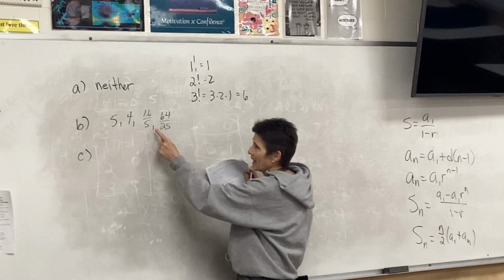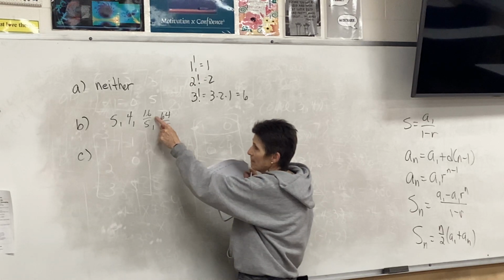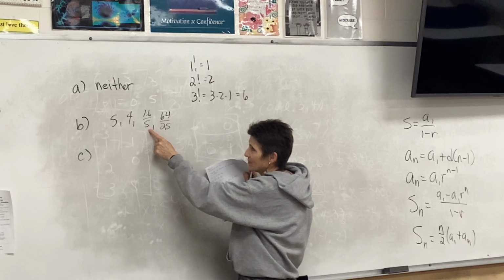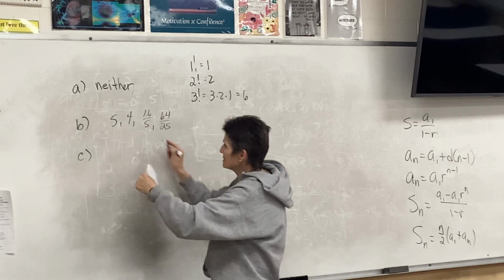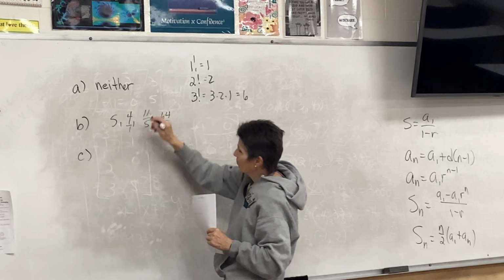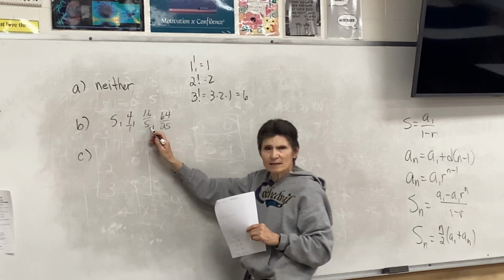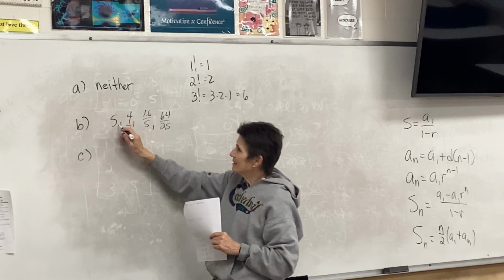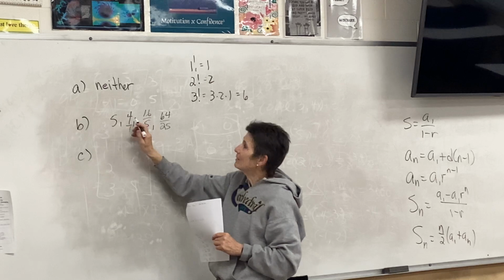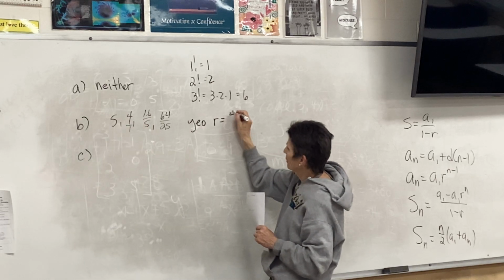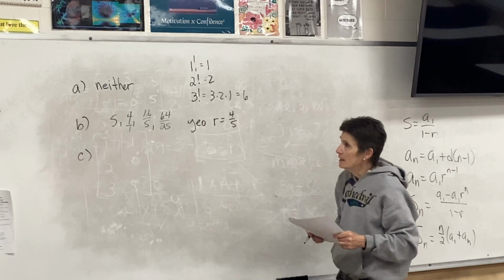If I'm looking at these last two, it looks like I'm multiplying the top by 4 and the bottom by 5. Well, what happens if I do the same thing with this one? If I multiply the top by 4 and the bottom by 5, do I get this? I do. And if I multiply this by 4 over 5, I get this. So this is geometric, and my ratio is 4/5.